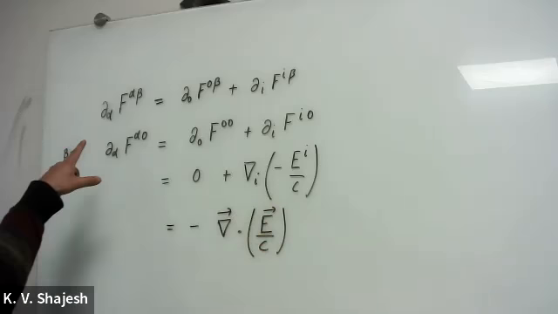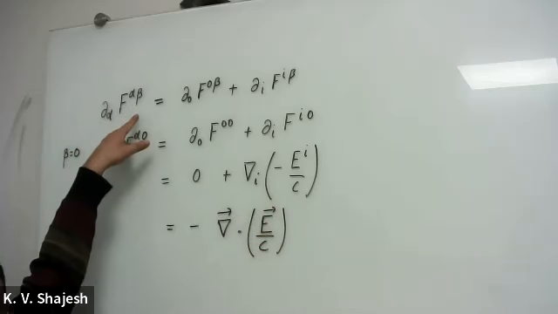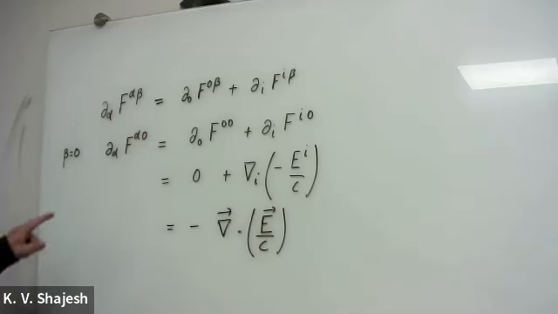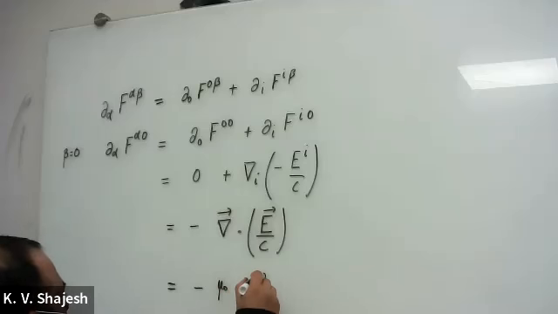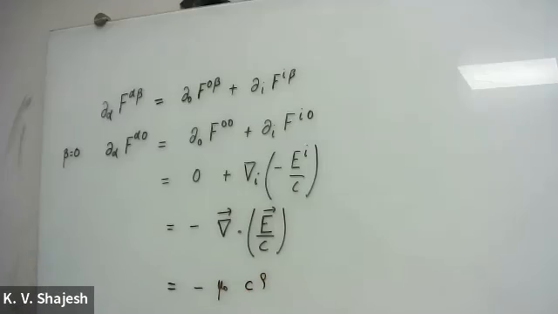I'm just reading out this piece for beta equal to 0, the zeroth component of this vector. Del dot E over C, using Maxwell's equation, is minus mu naught times C times rho.